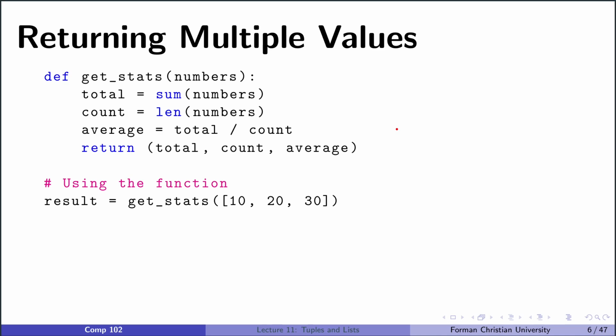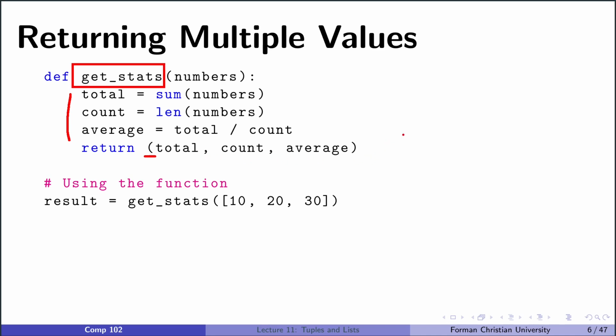Here's where tuples become really useful. Look at this function, get_stats. It computes total, count, and average. The return statement basically says return an open parenthesis and then total, count, and average, all comma separated.